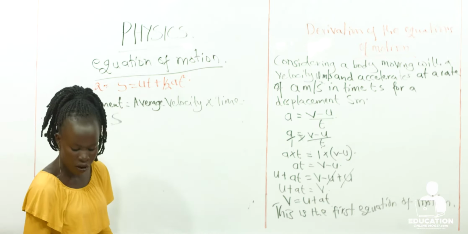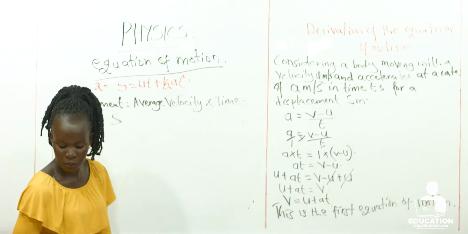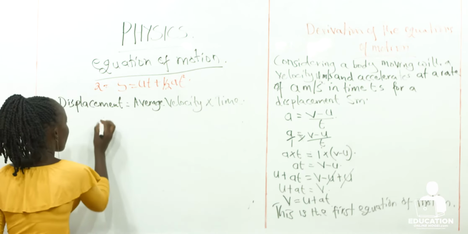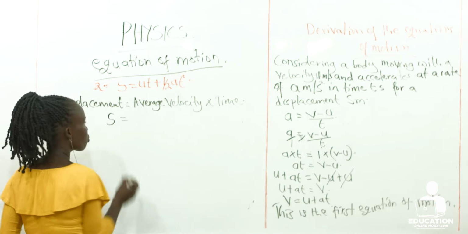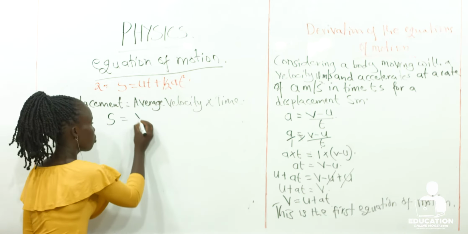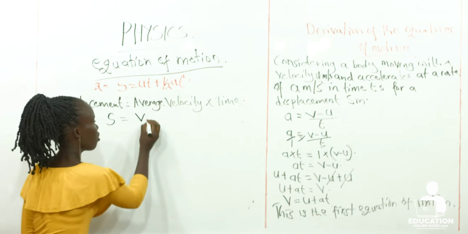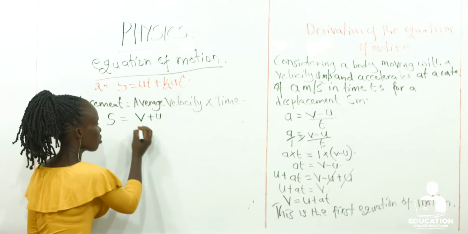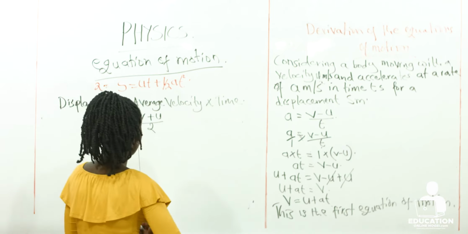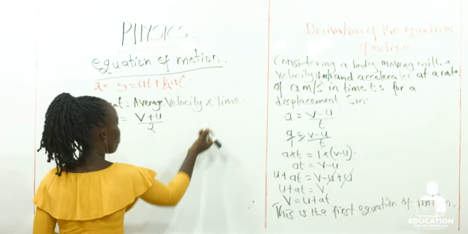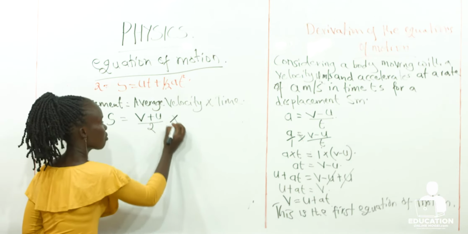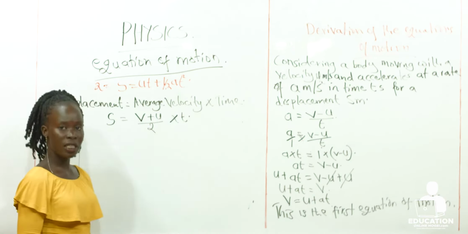So instead of writing the whole word as displacement, we shall use the letter s. So we shall have our s is equal to average velocity, which we said is you add the two velocities, the final velocity plus the initial velocity, divide it by 2. Remember we multiply the average velocity with the time factor there. So we have it times our time, which is t.